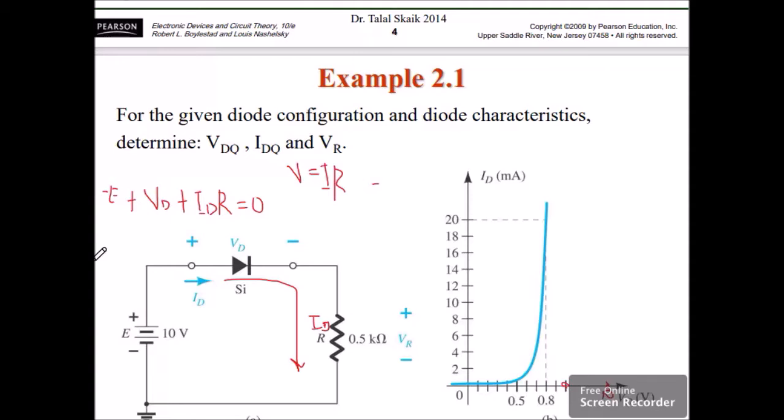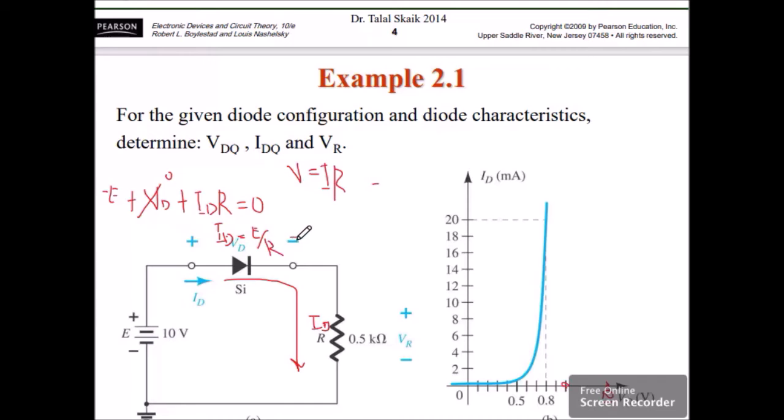Now, let us examine our circuit when VD na naman is equal to 0. So, when VD is equal to 0, this becomes 0, and that gives us an ID. I will solve for ID. An ID which is equal to what? What is the value of our ID this time? So, kanina 10 yun, ha? So, our ID this time is equal to, transpose natin si E, so we have E divided by R. Okay.